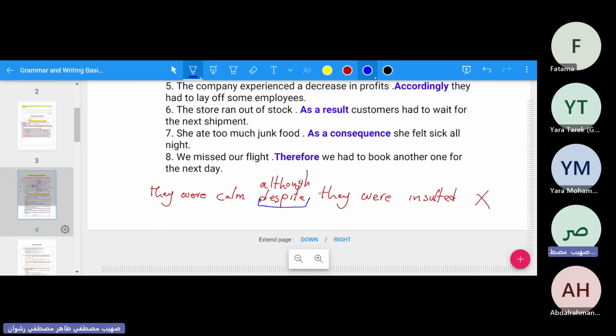We said, yeah, Fatma, that despite will be followed by what? Verb and ing. Yes, we don't need a subject. So what do we do? We remove this bad subject, and we go to the verb and change it into what? Verb and ing will be what? Being. So what's the correct one? They were calm despite being insulted. Is it clear now? Yes, clear. Thank you.